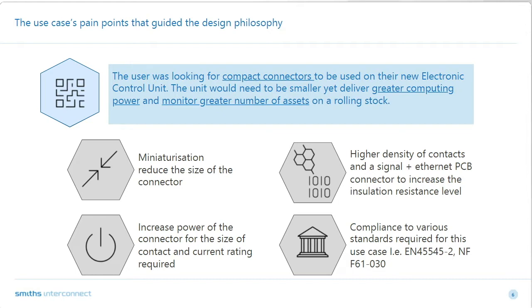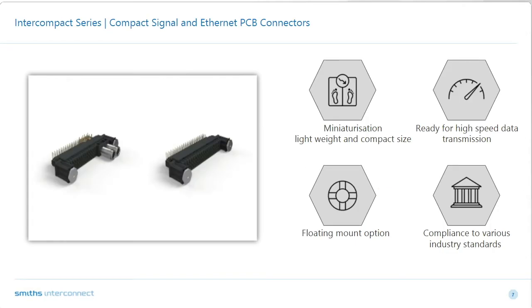So what you see here is an Intercompact, the next generation compact signal and Ethernet PCB connector, in both floating mount and PCB configuration. The product that you see on the screen has managed to deliver quite a few things that are in some ways game changers in helping the overall architecture of design.